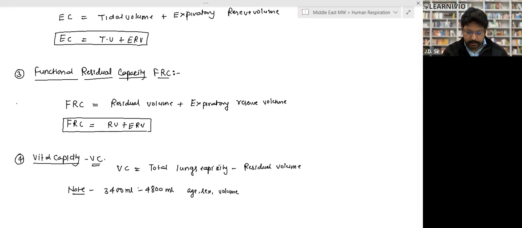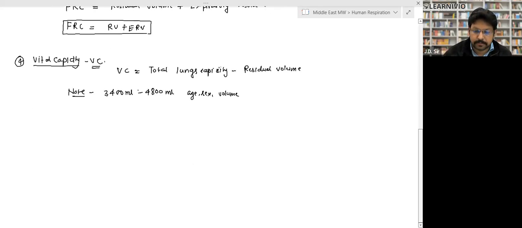Next, one more. That is total lungs capacity, TLC. So the fifth one is TLC, total lungs capacity.